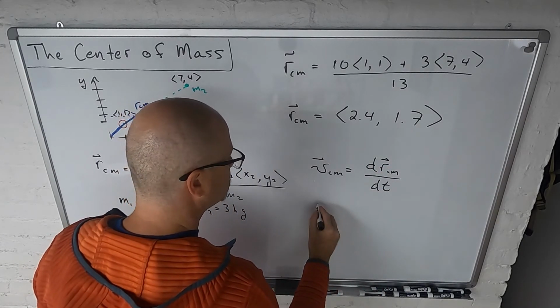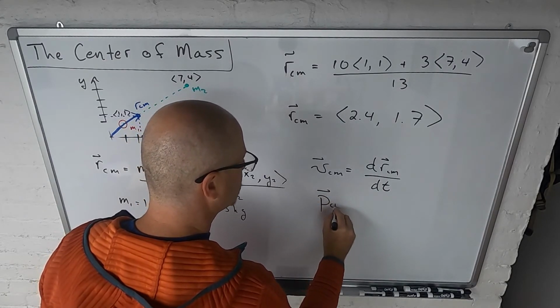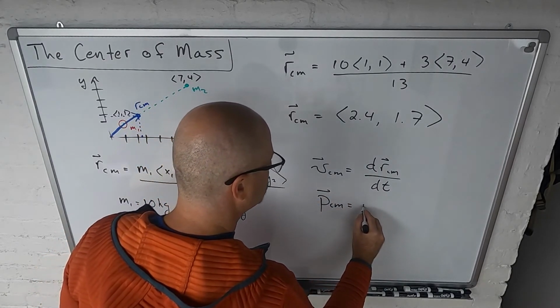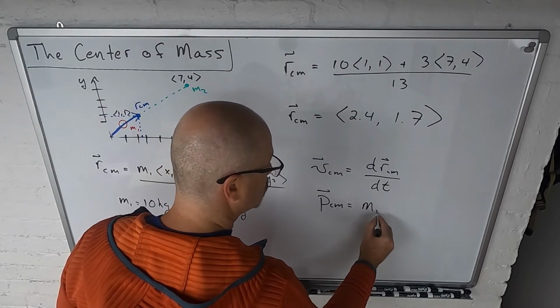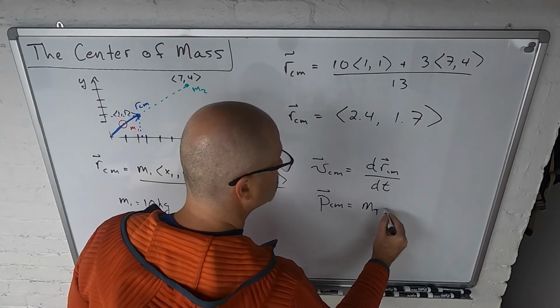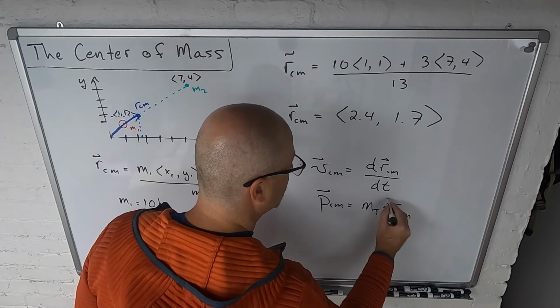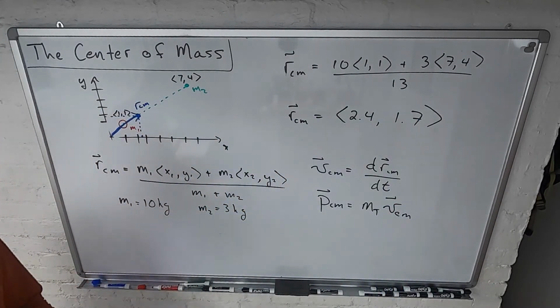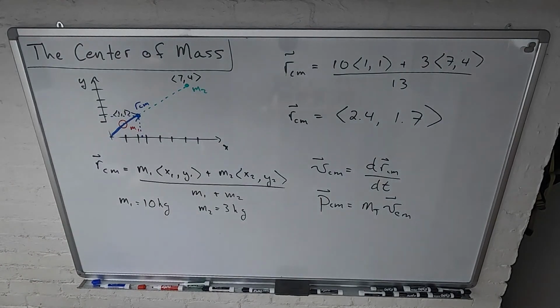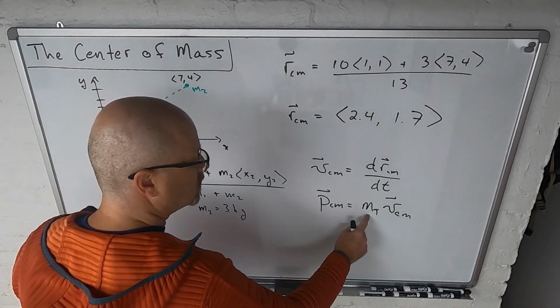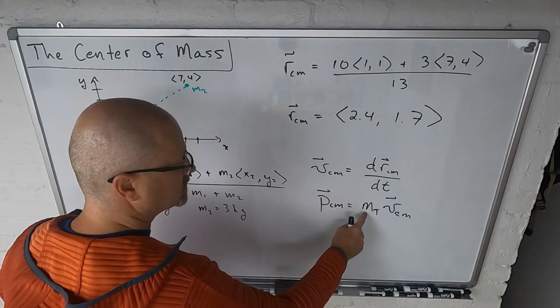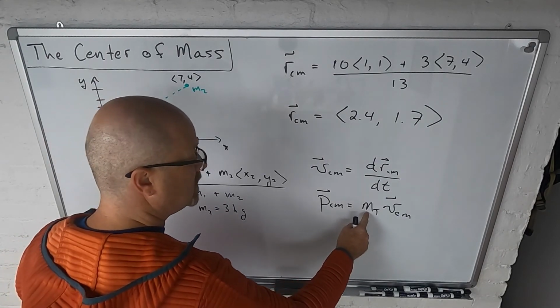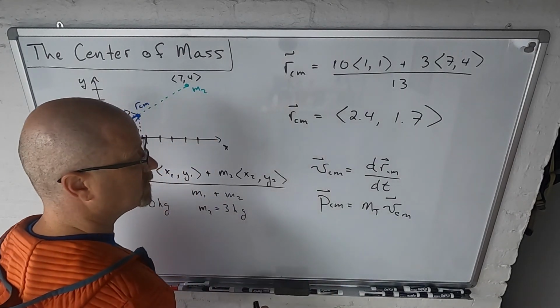And likewise, I can write that the p of the center of mass is equal to the mass total times v center of mass, which is a really nice thing to be able to have. And that's going to be the p of the system, right? So the mass total, this is the sum of all the masses, times the velocity of the center of mass.